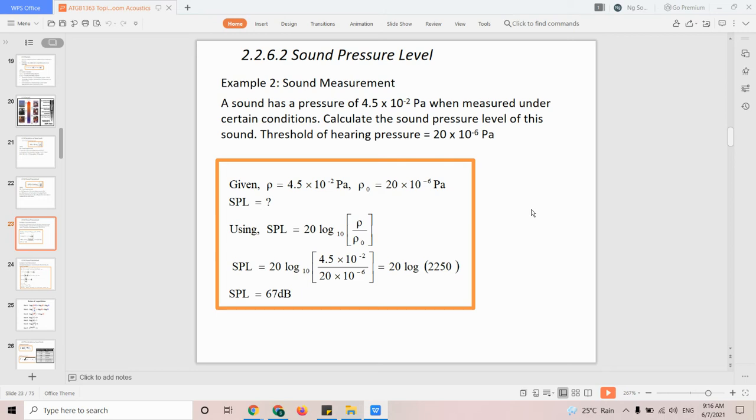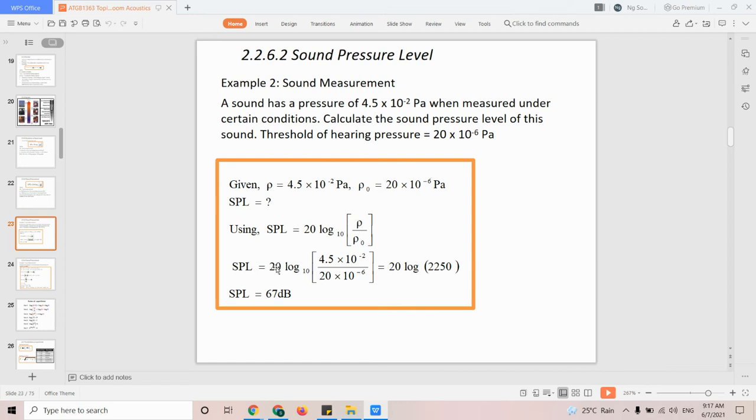Okay, so an example of how this formula can be used. You're given a sound pressure of 4.5 times 10 to the power of negative 2 Pascal, and you are measuring it under certain conditions. You have to calculate what is the sound pressure level, given that your threshold of hearing is 20 times 10 to the power of negative 6 Pascal.